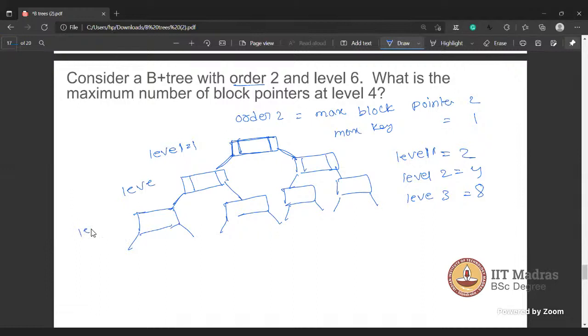At 0, right? This node is level 0, right? Consider this is level 1. Okay, sir. So is it like order to the power? Yes, 2 to the power 1. Then level 2 is 2 to the power 2.